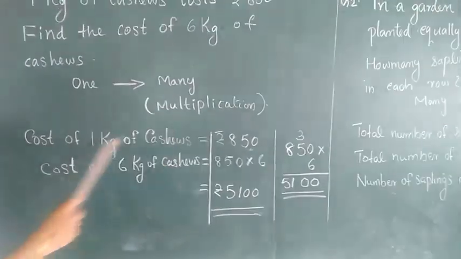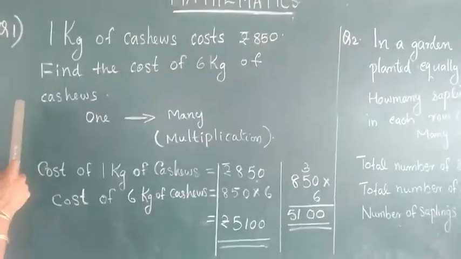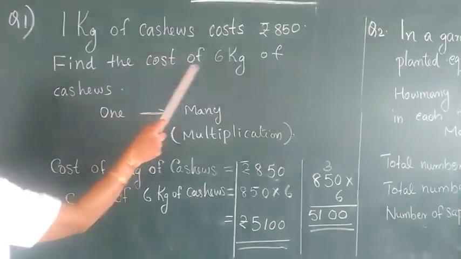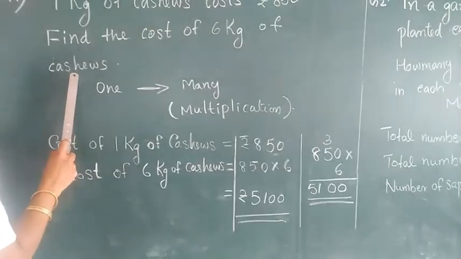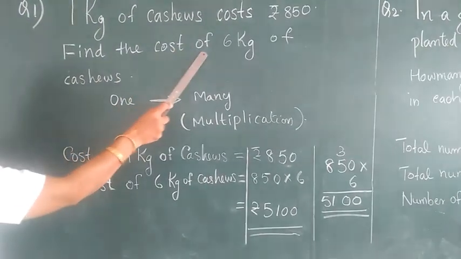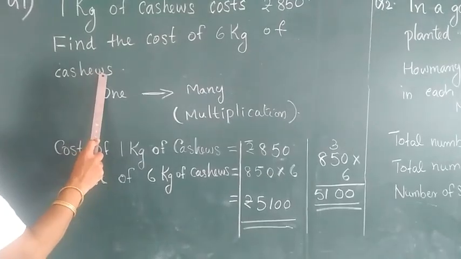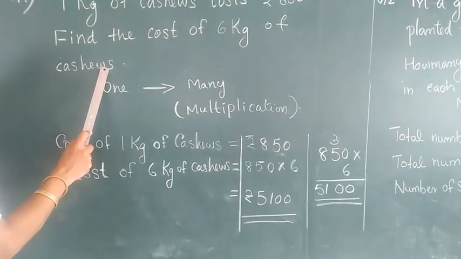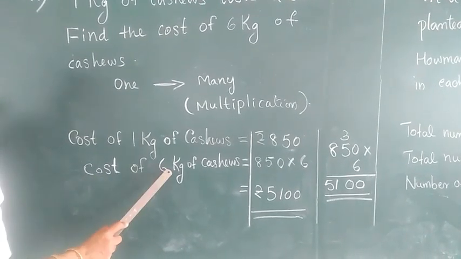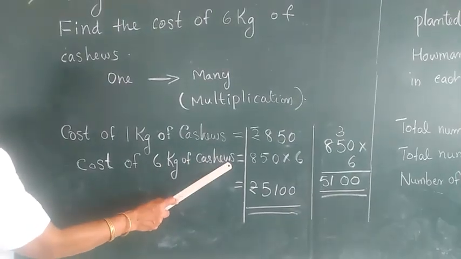Understood? For the next step, again we go through the question. Find the cost of 6 kg of cashews. So what will be the next step? The cost of 6 kg of cashews. That should be the required answer.